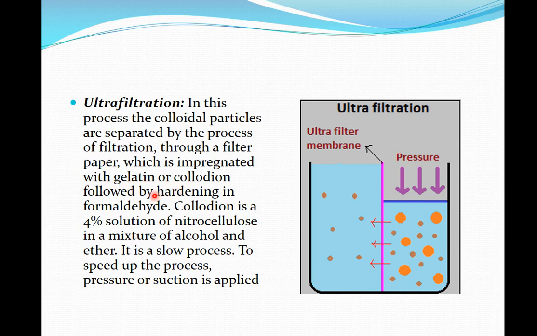This is done to reduce the pore size of the ordinary filter paper. Collodion is a 4% solution of nitrocellulose in a mixture of alcohol and ether. It is a very slow process. But to speed up the process, pressure or suction may be applied. Thank you.